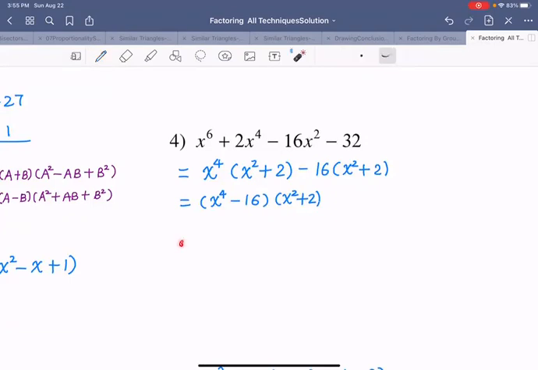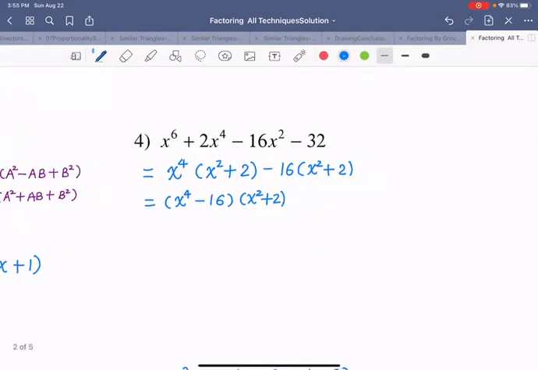Up to here, is this finished? No. If not, who is 16? Sixteen is 4 squared. Do you agree? X to the power 4 is x squared squared, right? So what do we do from here?